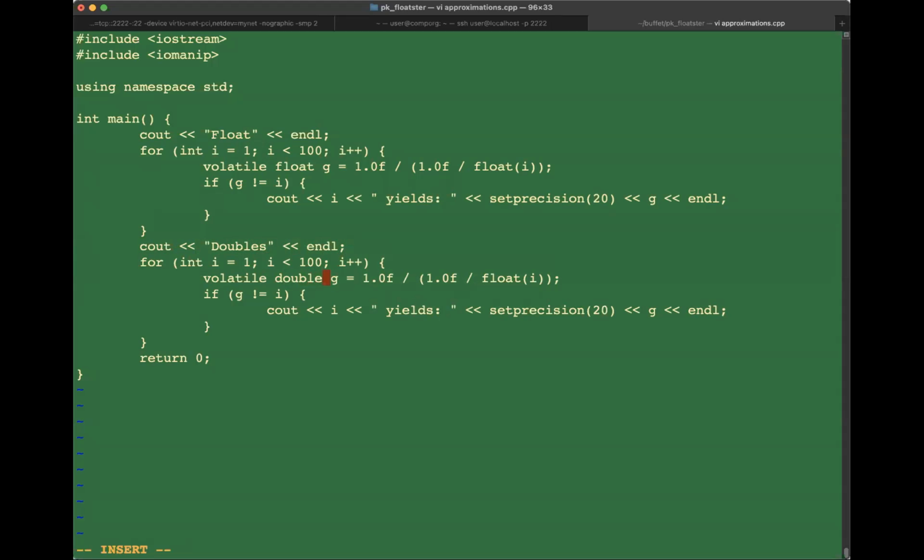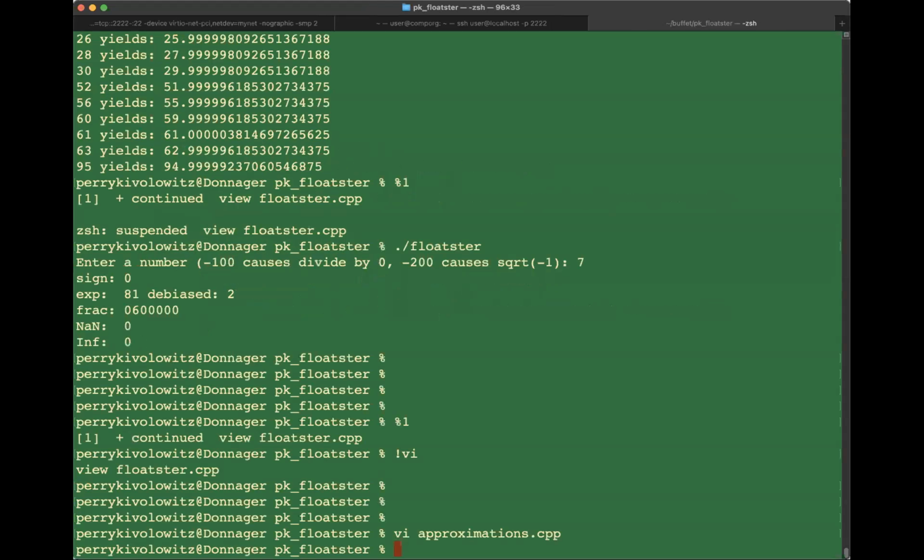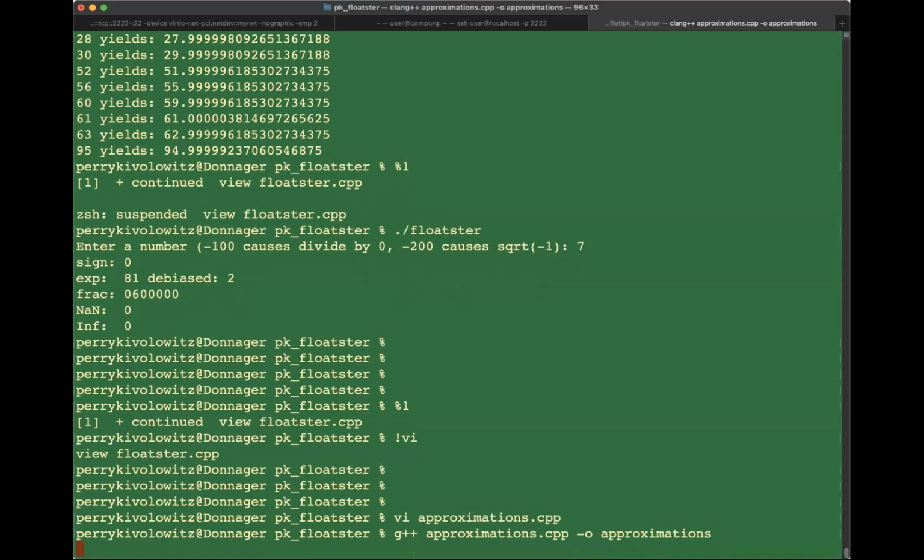And we've got to get rid of this one. And now g++ approximations.cpp, and I'll save it, instead of a.out, with -o output to approximations. Okay, let's run it again.